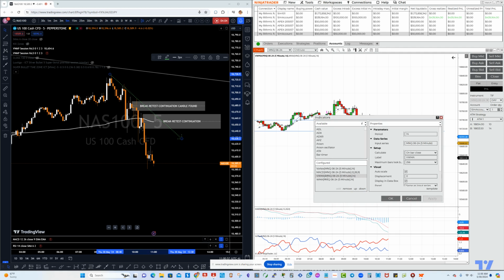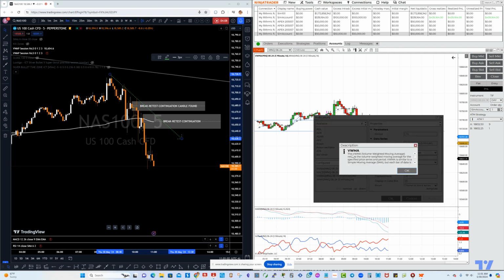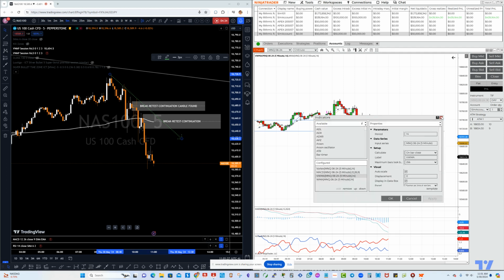This thing right here, if I check it, says the VW moving average is the volume weighted moving average, which returns the volume weighted moving average for the specified price series and period. So this is similar to a simple moving average, but each bar of data is weighted by its volume. With what I have here, I don't change anything out of the settings.